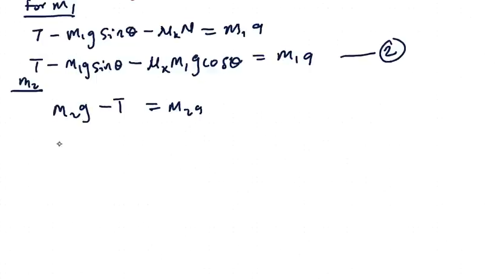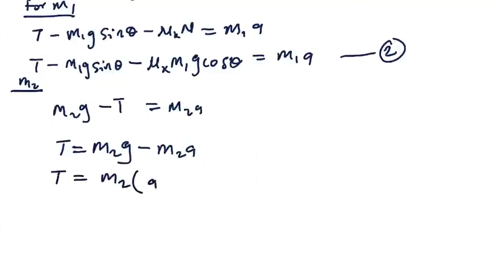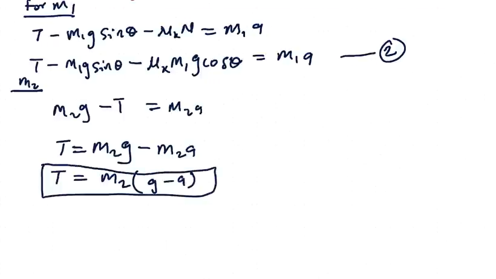At this point, we can say that the tension T will be equal to m2 g minus m2 a. So we can rewrite this as T equal to m2 into g minus a. So this is the tension in the string, and for us to calculate the acceleration, we need to substitute. Let's call this equation 3 into 2.